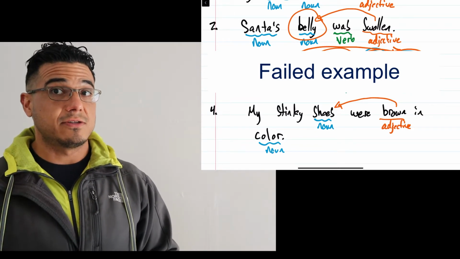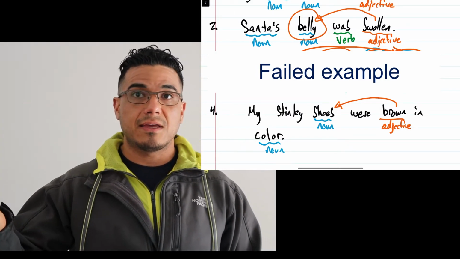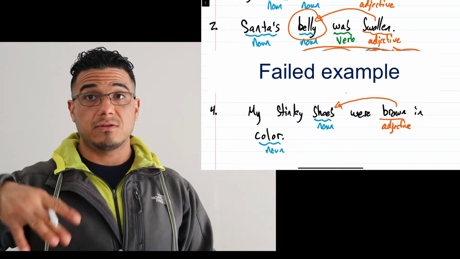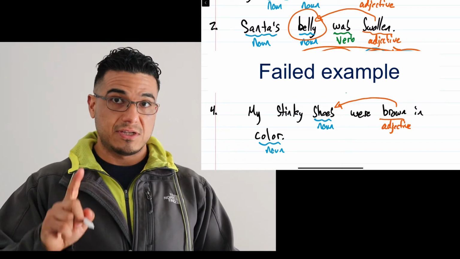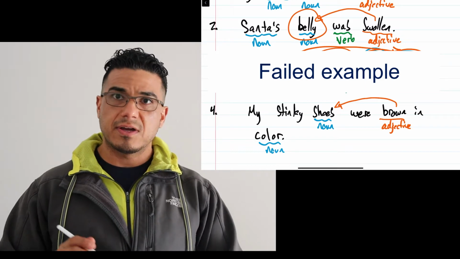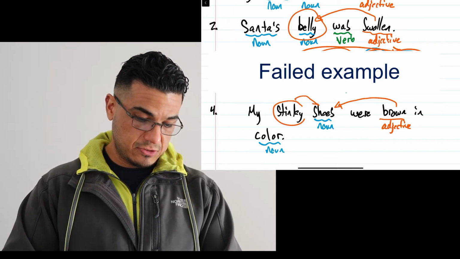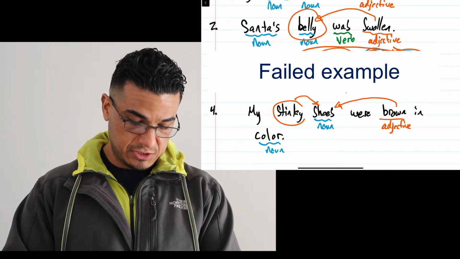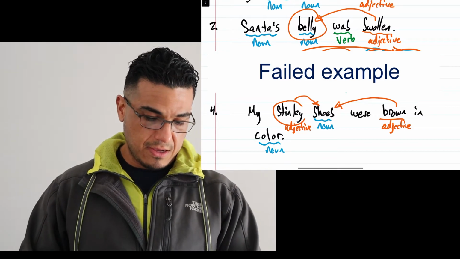However, some of you may also have noticed that there's another word which is talking about that same noun. We're still talking about the shoes, but there's a second descriptor. You'll notice at the beginning, my stinky shoes. Well, what kind of shoes are they? Well, they are stinky. This is describing the smell of the shoes. So this as well is an adjective.